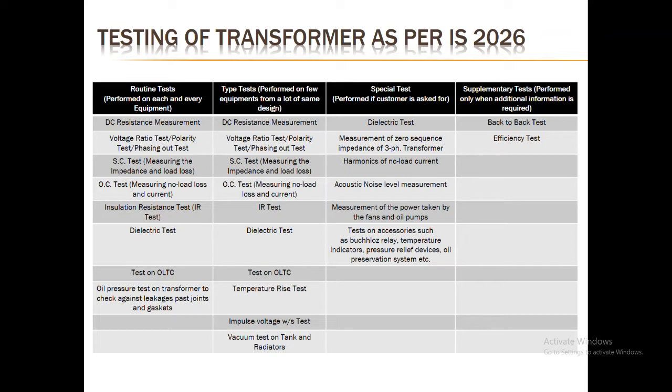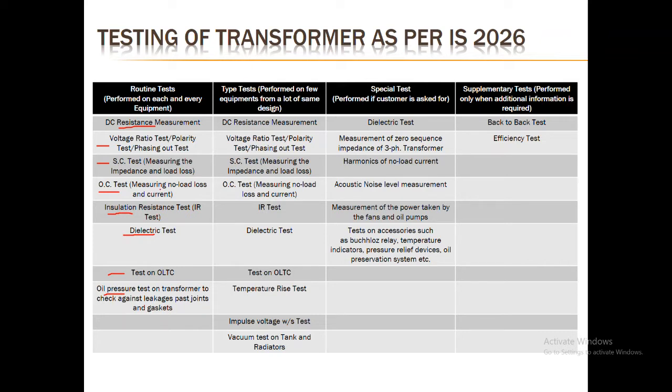It includes measurement of DC resistance, voltage ratio test, polarity test or phasing out test, short circuit test to measure the impedance loss or load losses, open circuit test to measure no load loss and no load current, insulation resistance measurement, dielectric test on load tap changer, and oil pressure test on the transformer to check against leakages, past joints and gaskets.